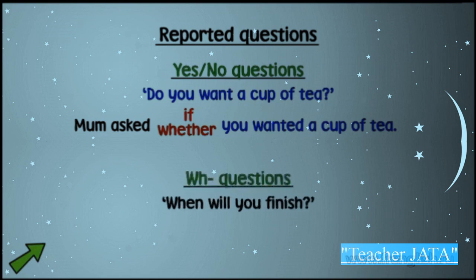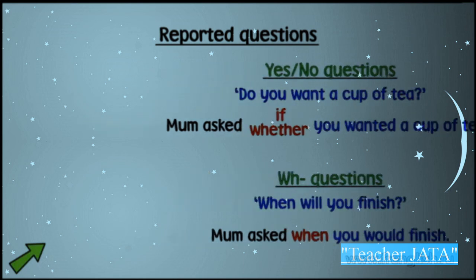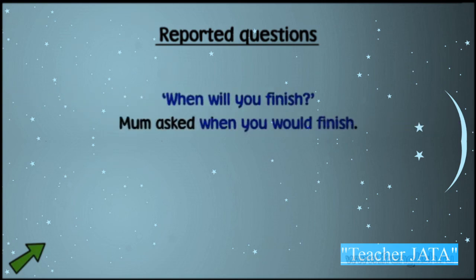To report WH questions, we use the question words such as what, who, when, why, etc. When we report questions, we don't put the auxiliary verb before the subject. We use normal statement word order.